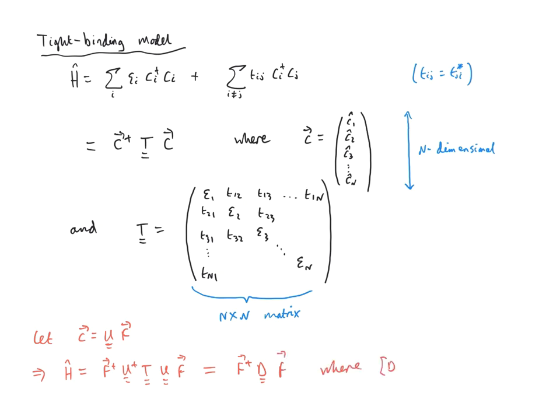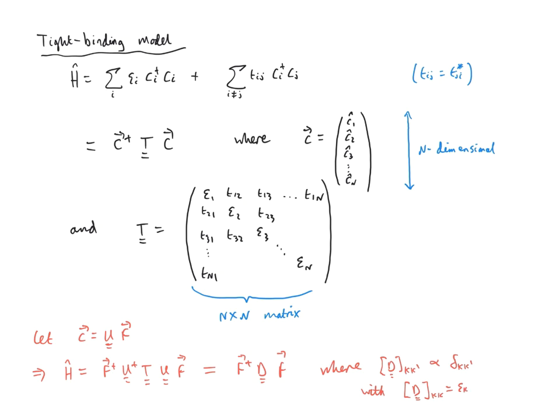D is a diagonal matrix, so let's consider the k k'th element of this, which should be proportional to the Kronecker delta, delta k k prime, with those diagonal entries, the k'th element being what we'd call a single particle energy epsilon k.